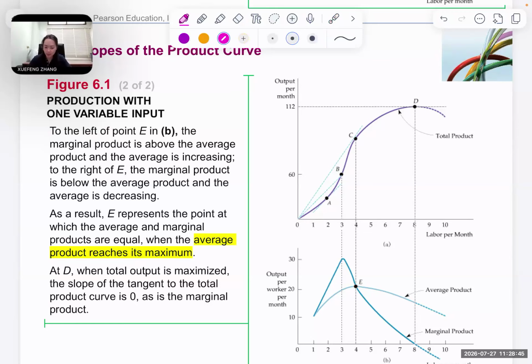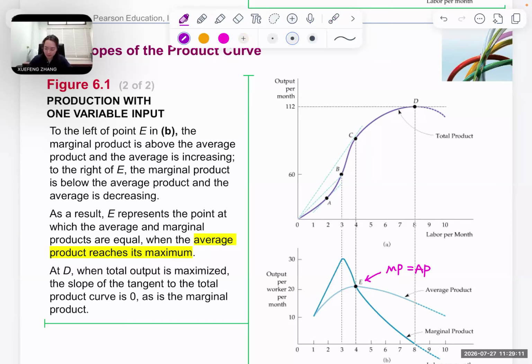So at point E, MP equals AP. And to the left of point E, marginal product is above average product. That's why this pulls average product up.